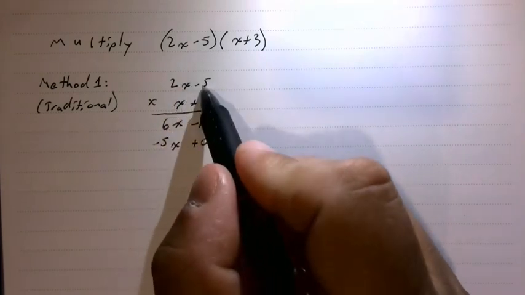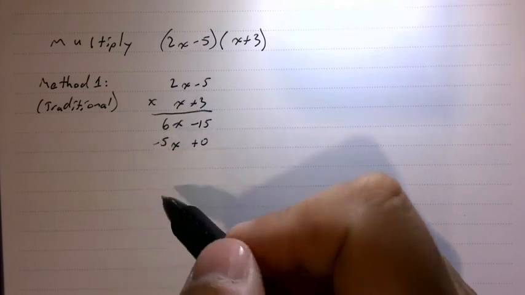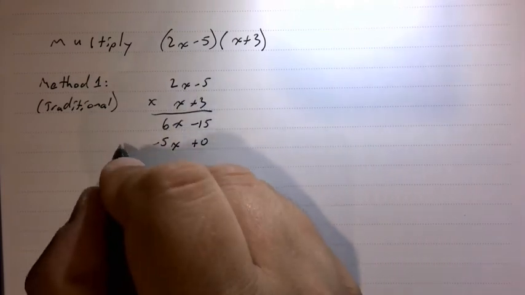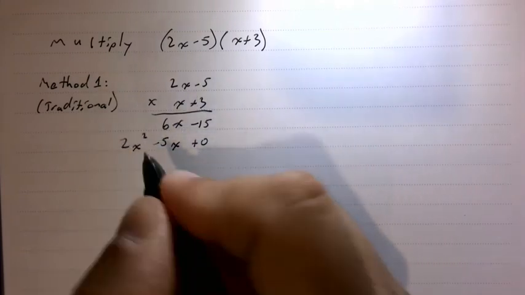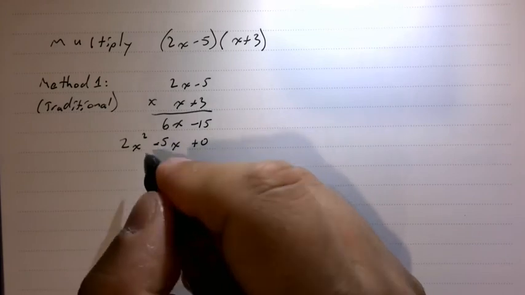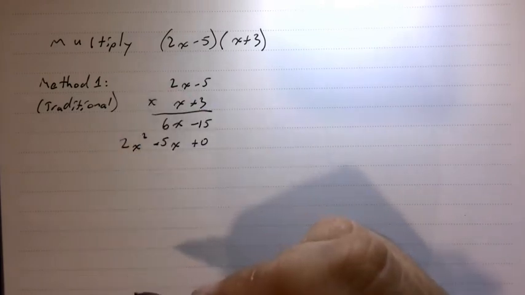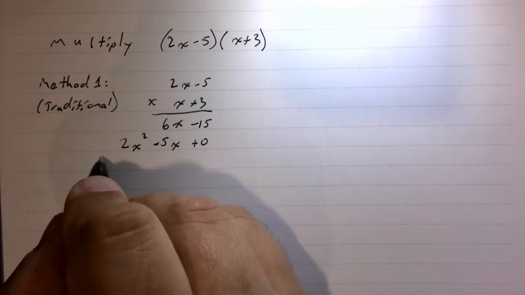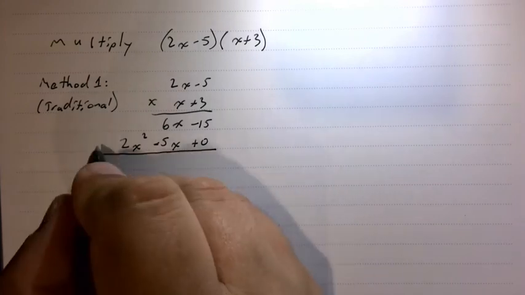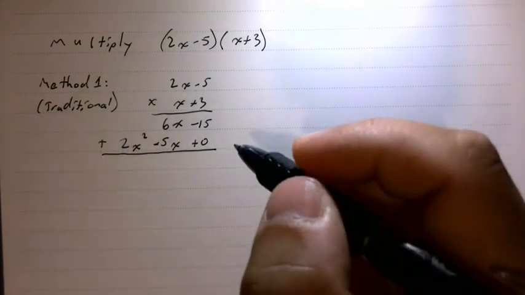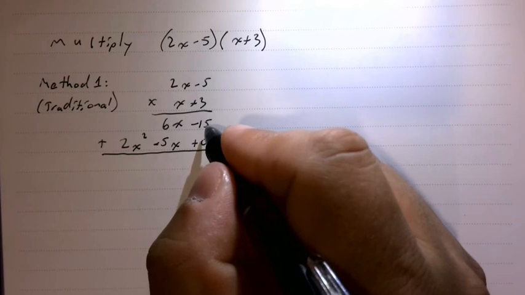Now, we've multiplied x times negative 5. We're going to multiply x by 2x as well, and that gives us 2x squared. So I'll need to create a new column for the x squared terms or quadratic terms. Now, just like before with traditional multiplication of multi-digit numbers, we're going to add these little products.